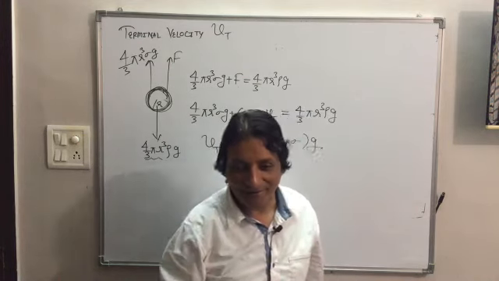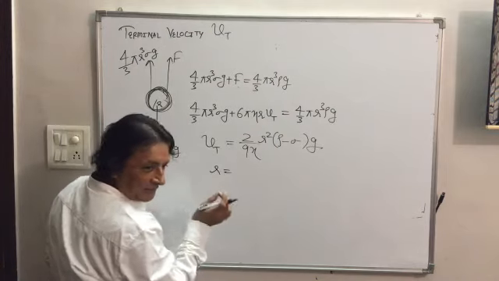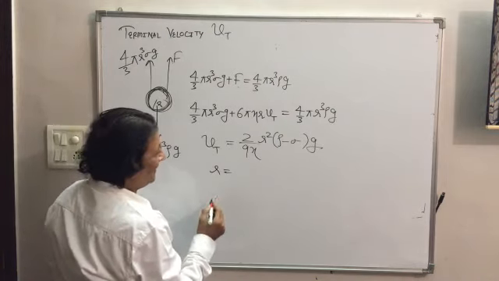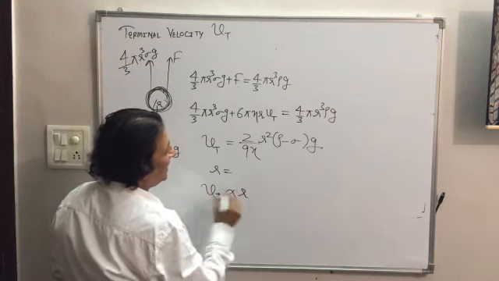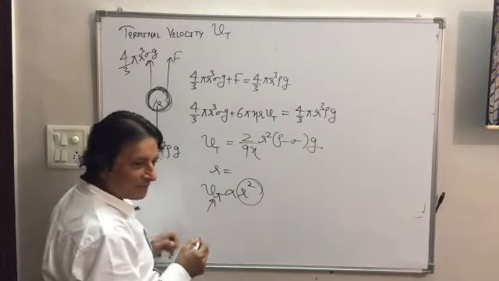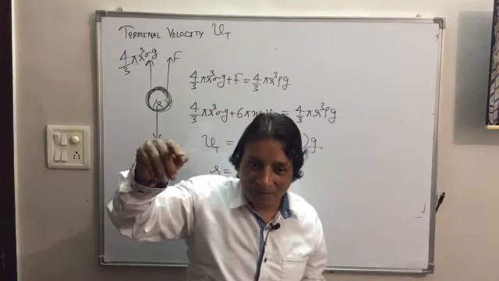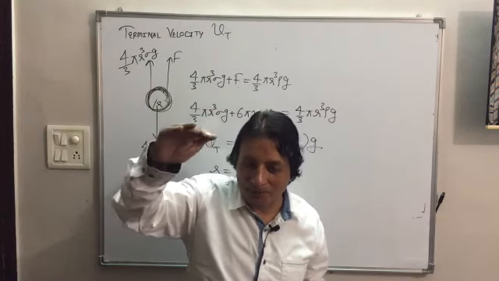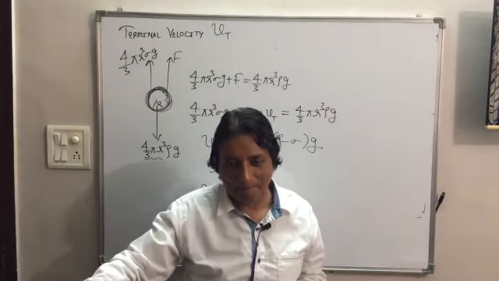Why so? Because the radius of the droplet of the cloud is very, very small. Therefore, Vt is proportional to the radius squared. Smaller the radius, smaller the terminal velocity. So clouds are not floating. They are partially floating due to the wind, but actually they are falling freely.